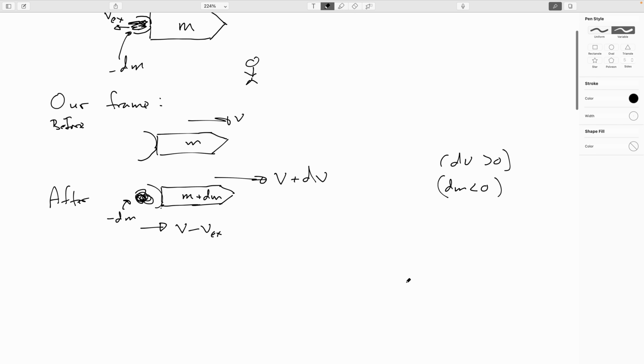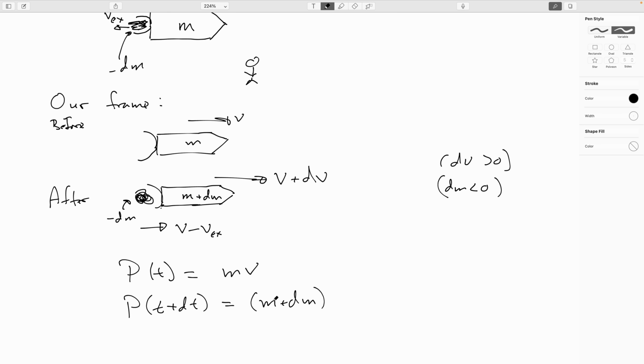Now, what we're going to do is calculate the momentum of the system at time t. Well, that's just mv. Good. Now at t plus dt, when we've ejected off the piece of exhaust, like so, we said that the mass of the rocket is now m plus dm.